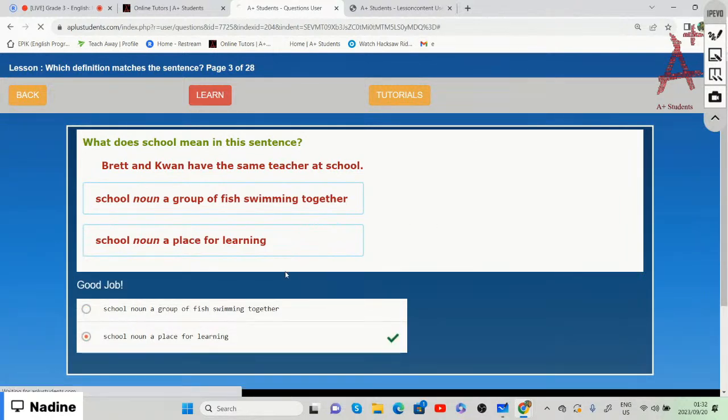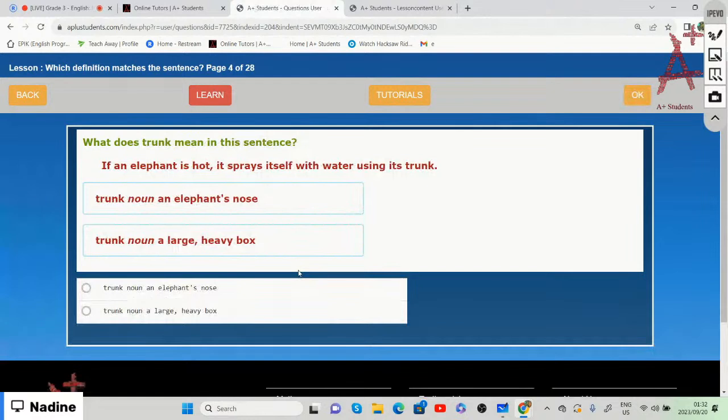All right. And then, if an elephant is hot, it sprays itself with water using its trunk. So if the elephant is hot, it sprays itself with water using its trunk. So is it the trunk, which is the noun, which is the elephant's nose?